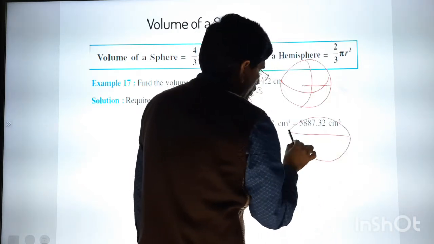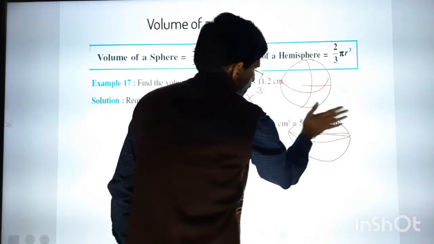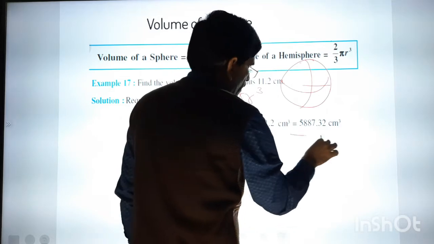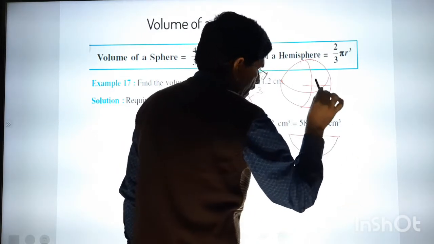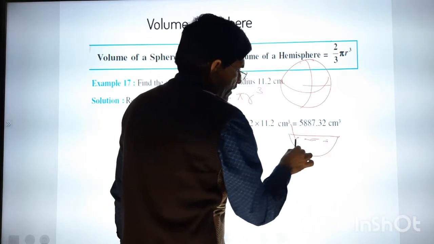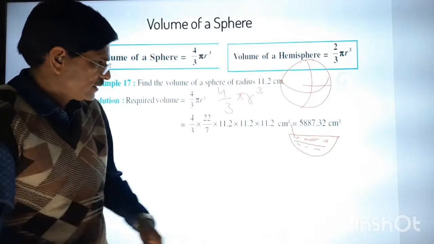That is called the volume of a hemisphere. If water is filled inside, then we can find out the volume as capacity.